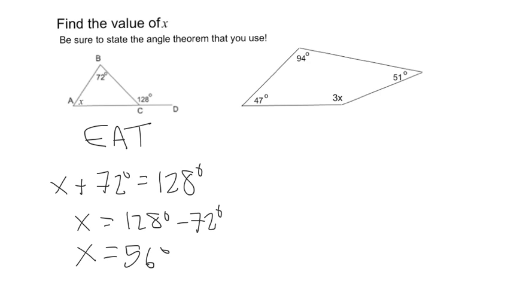Straightforward enough. In the second case, I'm going to use the sum of the angles in a quadrilateral theorem. I don't think that's actually the acronym, but anyway. So we need to know that all of these angles together add up to 360 degrees.